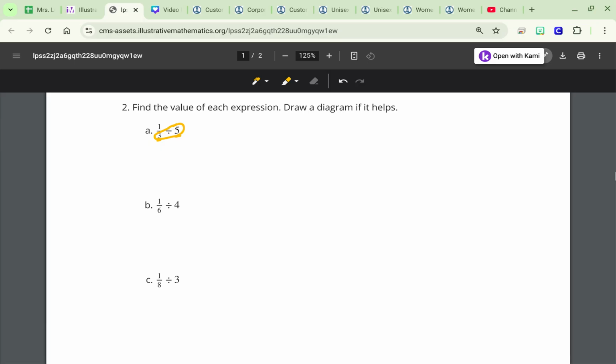Because that 1/3 is going to be broken up so that it's 5 times smaller, which really means that we can take our 1/3 divided by 5, and we can multiply our 3 times 5 to create a new denominator of 15, and our numerator will stay a 1. So our answer to this question is right here, 1/15.